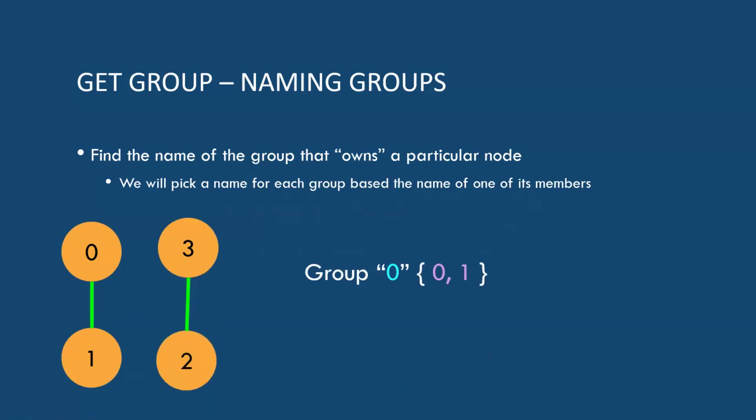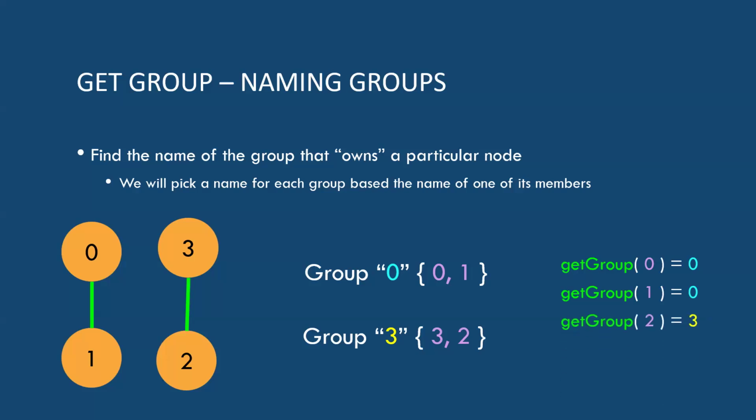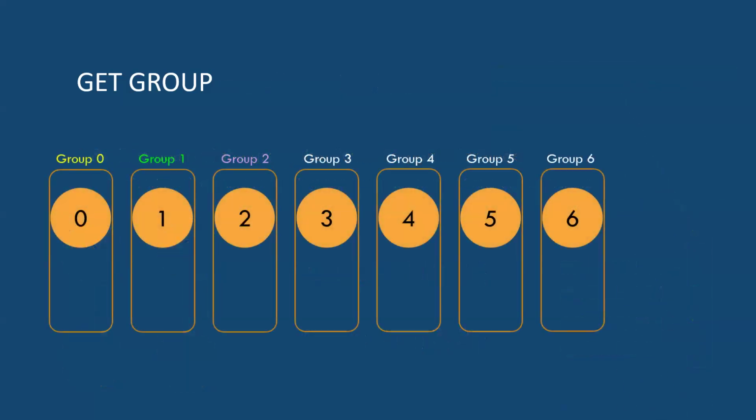So that's group 0, that's group 3, etc. Okay. So if I say, hey, what group are you in 0? It's of course going to be 0. If I say, what group is 1 in? It's going to be 0. So finding out the group you're in requires us traversing up from the leaf to the parent, okay? Like so, okay? So that's our component IDs.